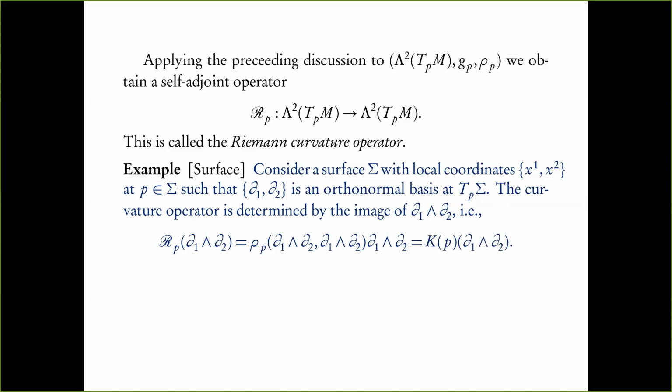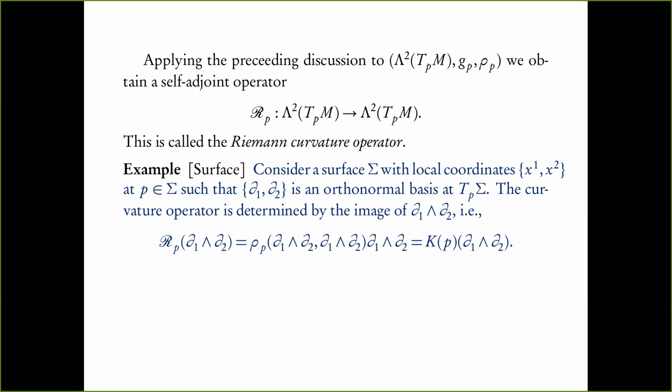This is simply the Riemann curvature R(del 1, del 2, del 1, del 2). But because it's an orthonormal basis, this is also the Gaussian curvature, right, which is K of P. So that's it. So the Riemann curvature operator for surfaces is precisely saying that at the point P, it's scaling this one-dimensional space by the Gaussian curvature. So this is one way of recovering the Gaussian curvature in this abstract formalism. Okay?